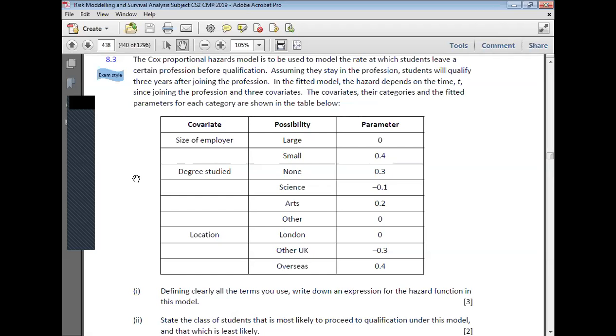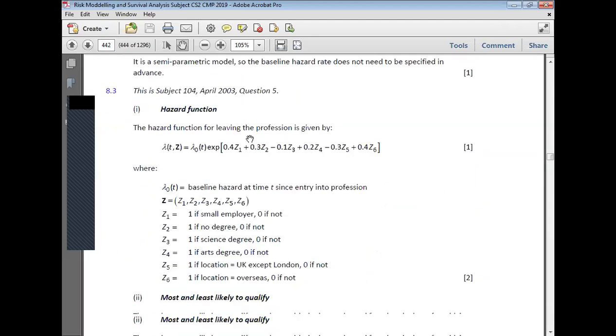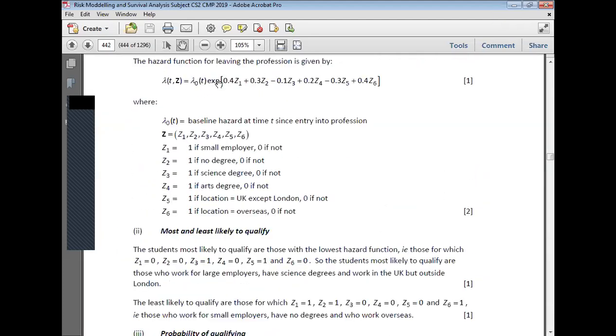So we care about the value of the hazard being minimum. If we look at the hazard function that we just defined, the baseline remains the same, but we have e raised to something. And as we know, the exponential is a monotonically increasing function. So if we have a higher value for this power, then the hazard rate will be higher.